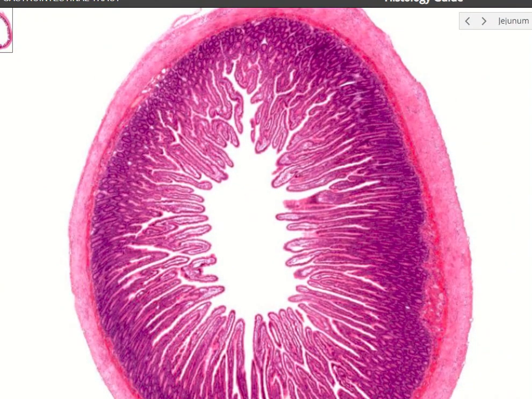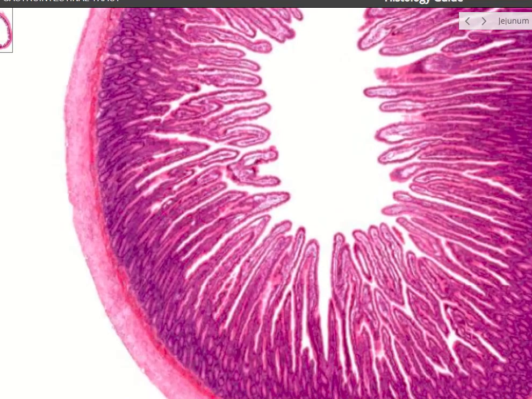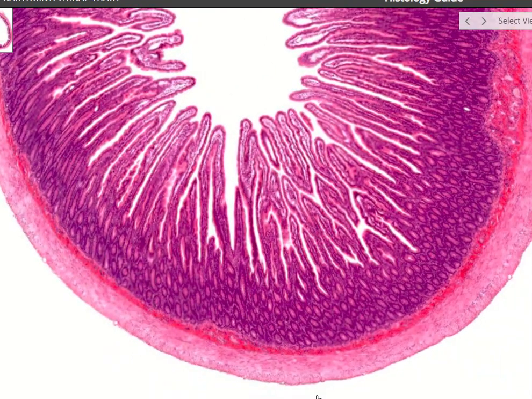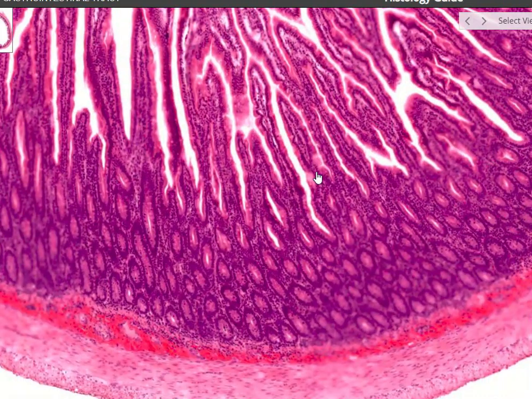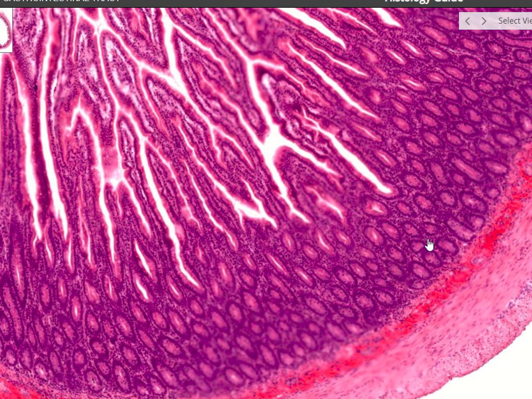So let's zoom in into the jejunum. See that? They are not stained lightly. You are not going to see duodenal Brunner's glands in your submucosa.